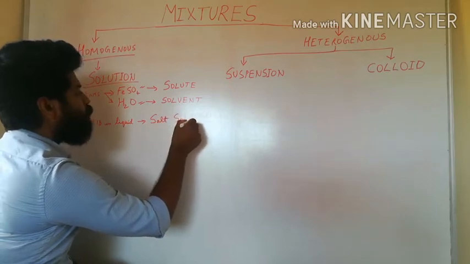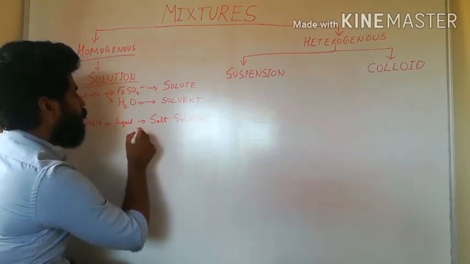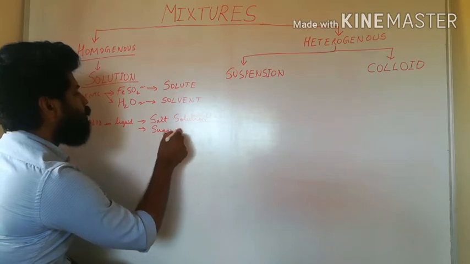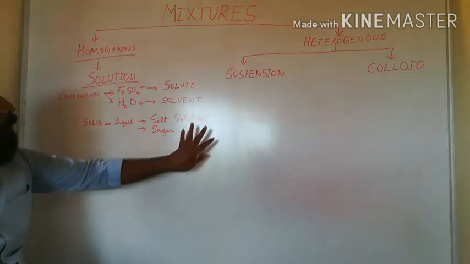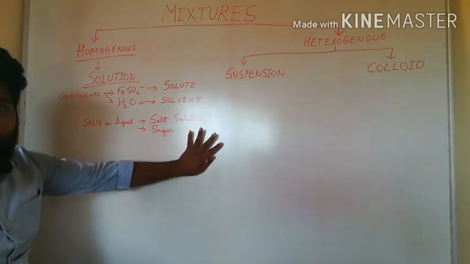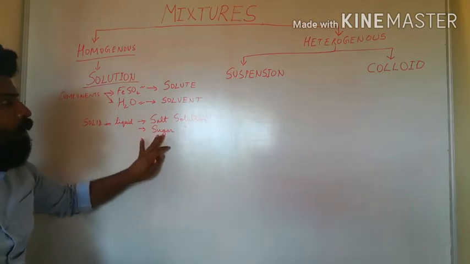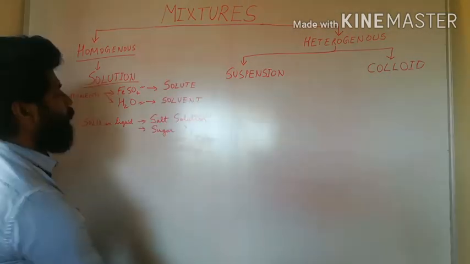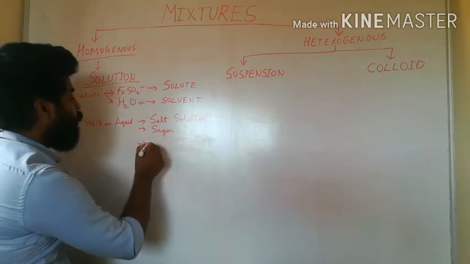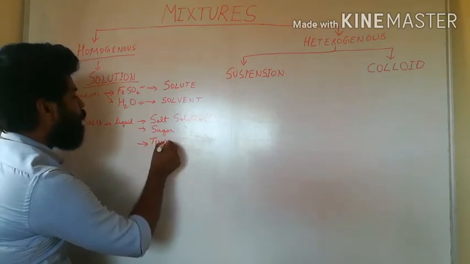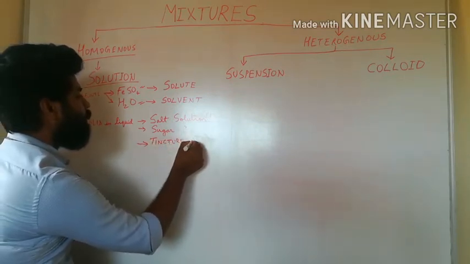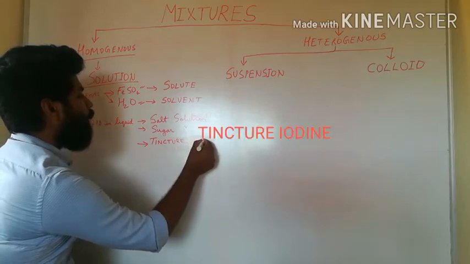When you dissolve salt in water, or a sugar solution, water is the solvent, salt or sugar is the solute. Another example for a solid in liquid solution is tincture iodine.